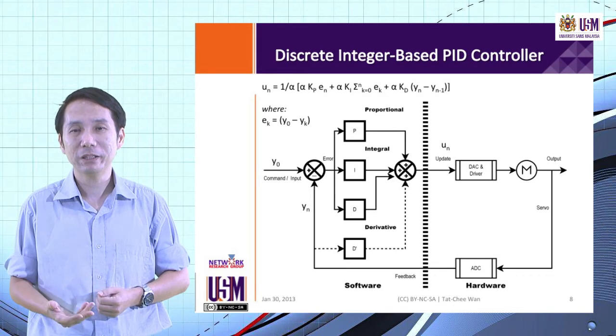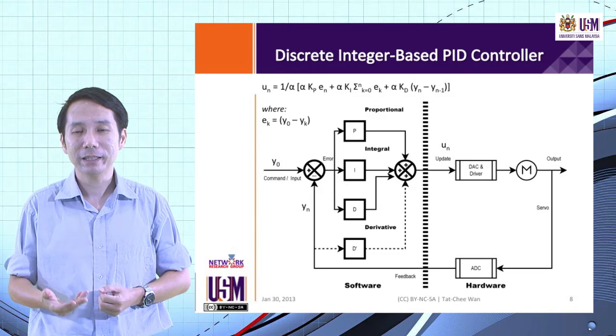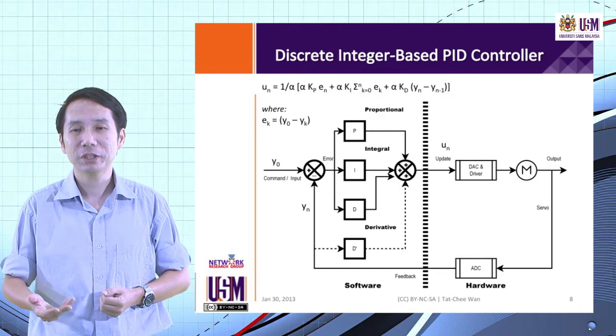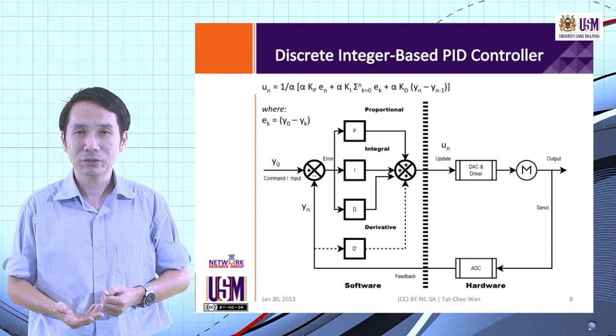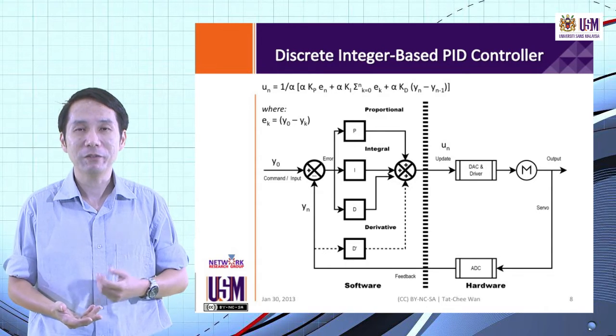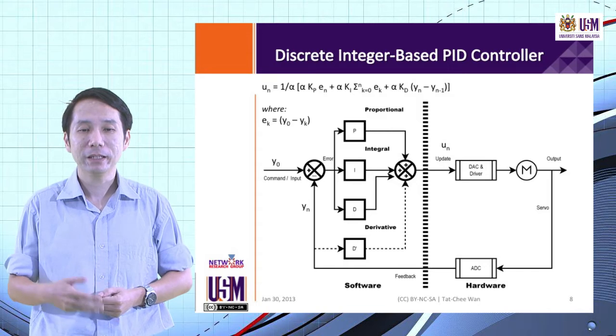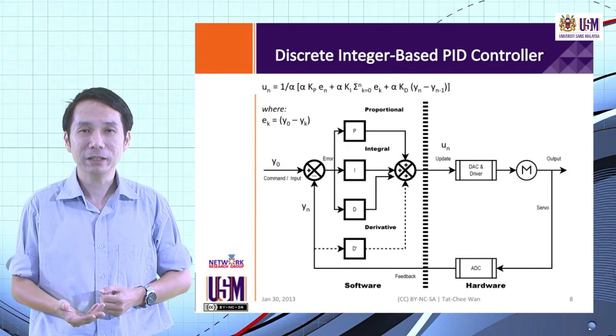This output value will then move the motor, and the output of the motor will be a change in position. This will normally be detected by a servo, which is then used as a feedback value to control or modify the behavior of the PID controller. This feedback is given in the system as y sub n, which is the output value at the nth step of the controller.